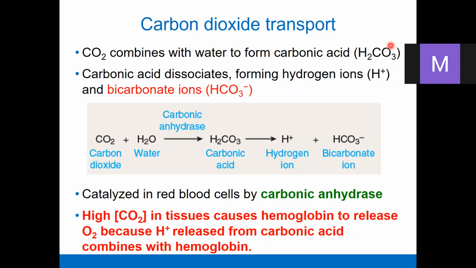Once it is produced, carbon dioxide is converted to carbonic acid with the help of carbonic anhydrase. Carbonic anhydrase is the most potent enzyme in our body. It converts 1 million carbon dioxide molecules to carbonic acid in 1 second.